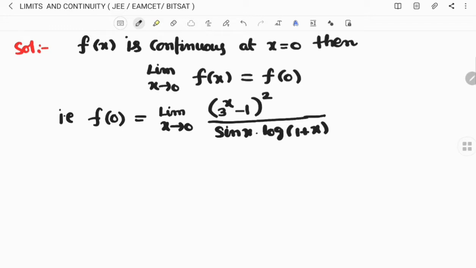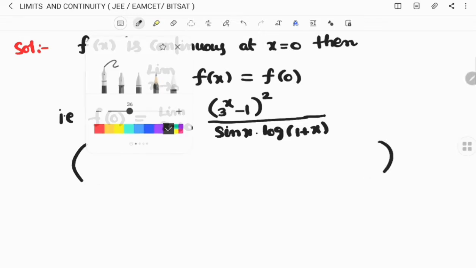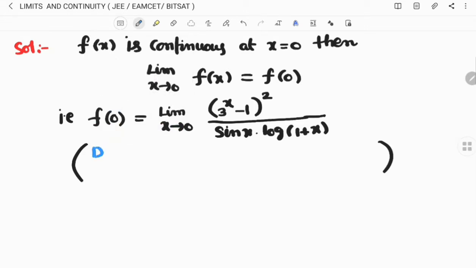So dividing numerator and denominator by x square. Why only x square? I will explain in the coming steps.